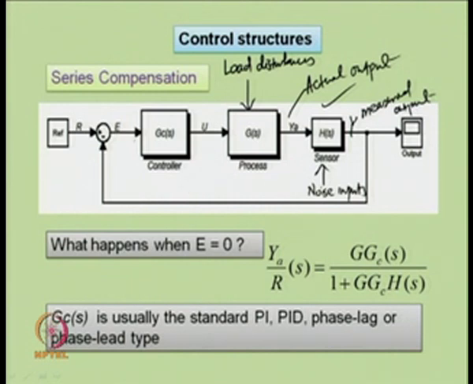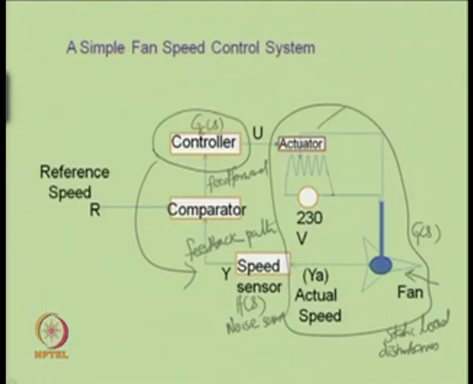If I look at the block diagram, when E equals 0, then U is expected to be 0 and the process does not get any sort of input, so we may not get any actual output from the system. That is not the case. To explain that, we may have to go to the first slide to make things clear.